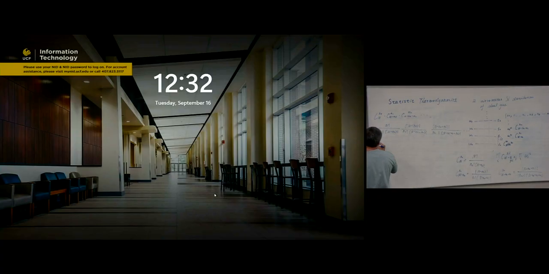Eventually, what we have is something like this: N factorial over the product of Ni factorial. Correct?